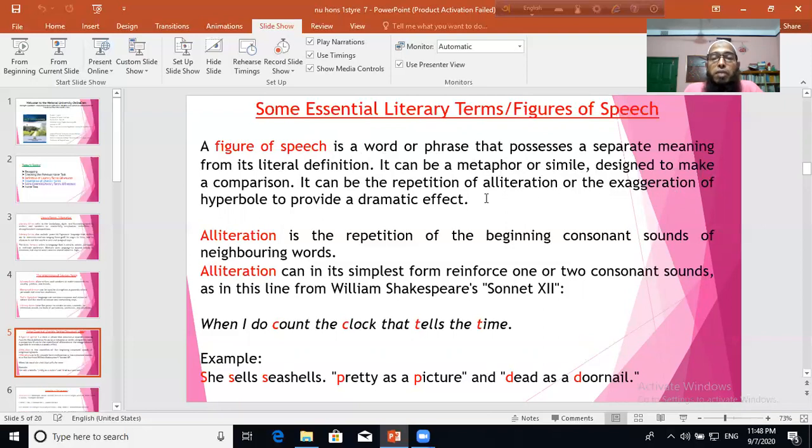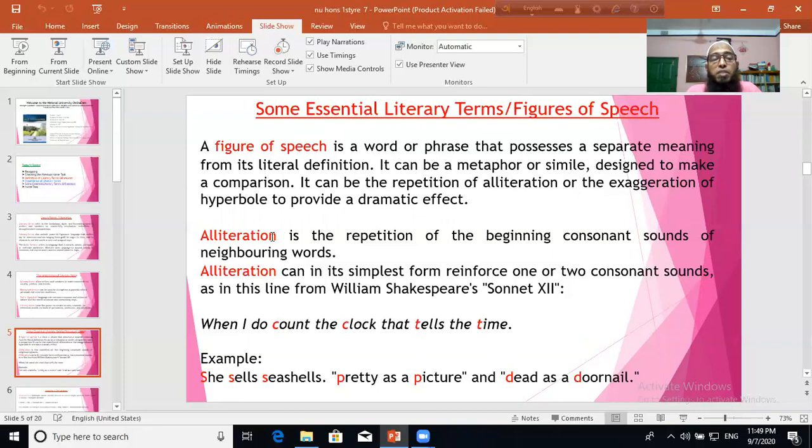So sometimes the writers use these literary terms, simile, metaphor, figures of speech. As we decorate our house to beautify our house, so writers or speakers decorate their writings or speech using some ornamental expressions. That is called figures of speech. For example, simile, metaphor, that we are going to see here.